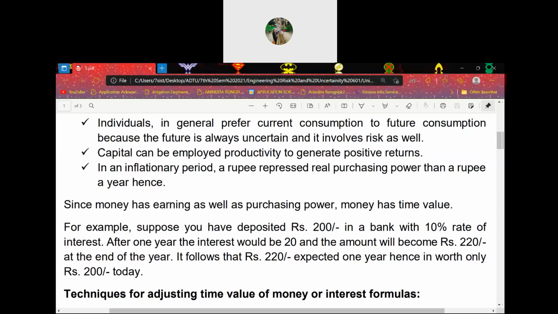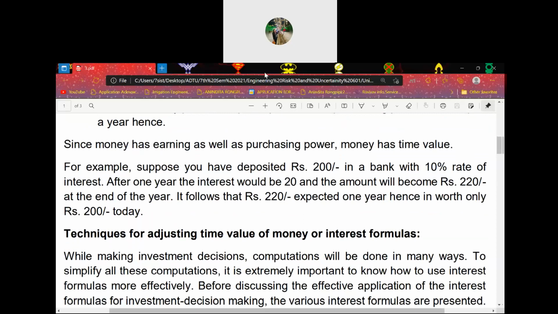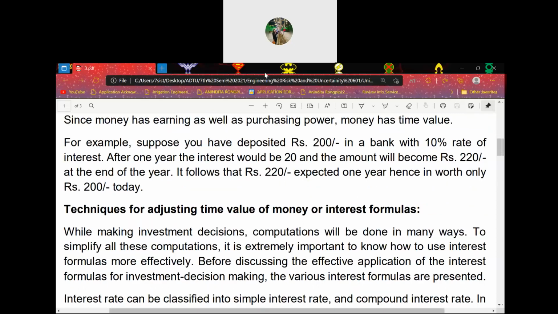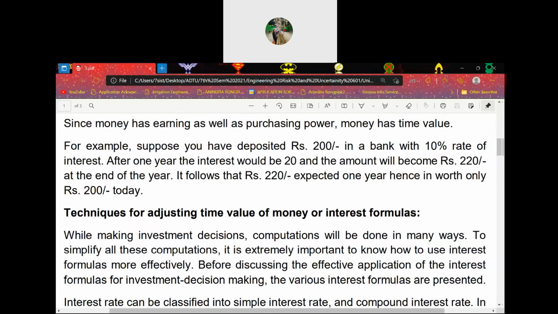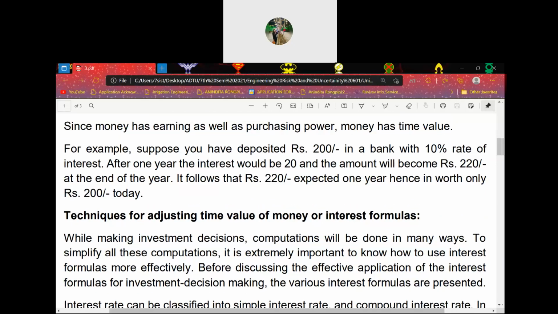So techniques for adjusting the time value of money, or interest formulas, are needed while making investment decisions, as computations will be done in many ways. To simplify all these computations, it is extremely important to know how to use interest formulas more effectively. So before discussing the effective application of the interest formulas for investment decision making, the various interest formulas are presented.